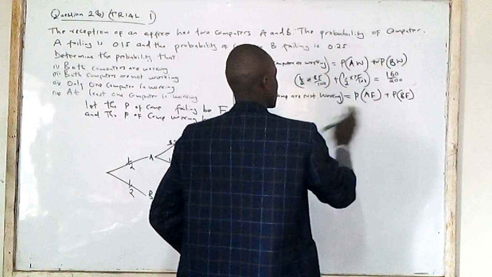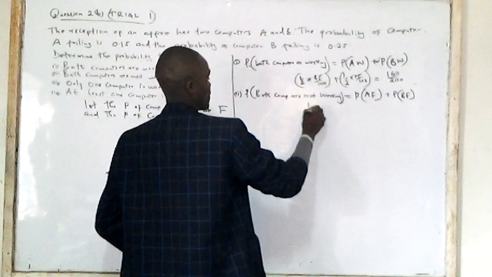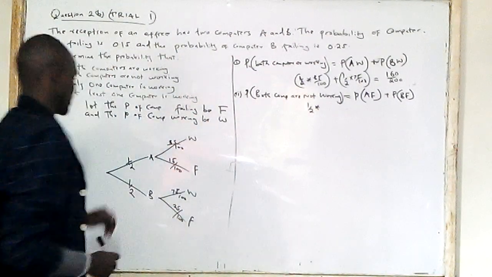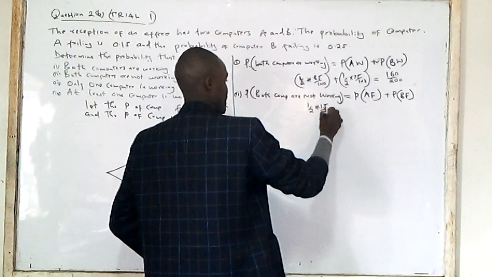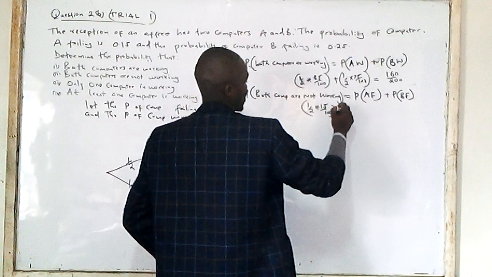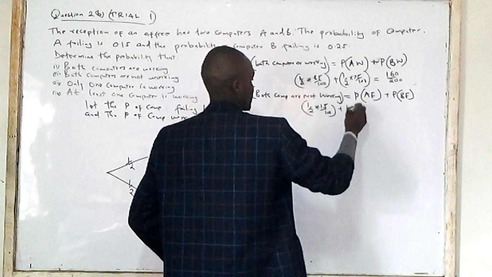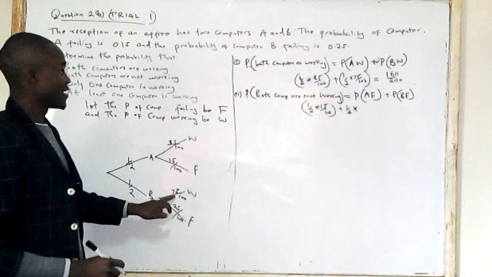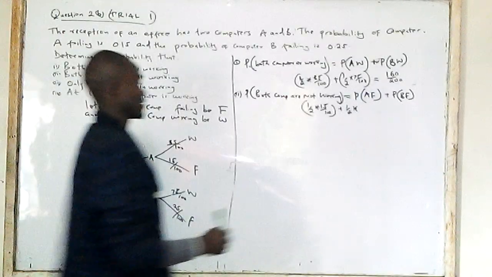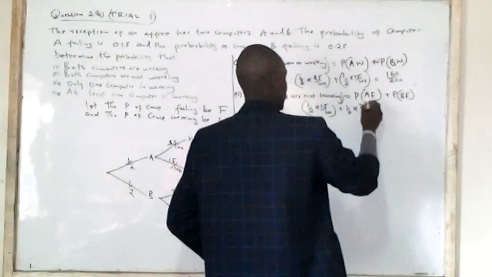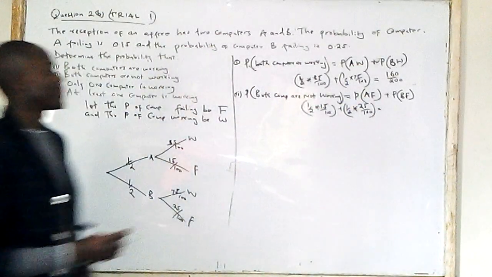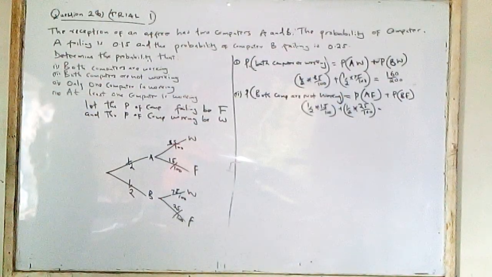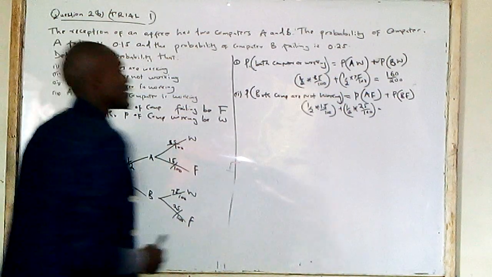The answer is equal to a half times 15 over 100 plus a half times 25 over 100. So the answer is equal to 40 over 200.